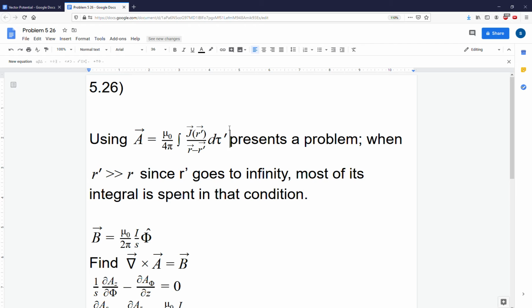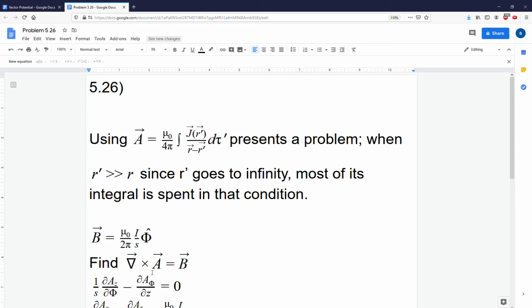Now, the integral of 1 over r is the natural logarithm of r, and the natural logarithm of r from negative infinity to positive infinity is not well behaved. You can't calculate that. So we're going to have to do something else.